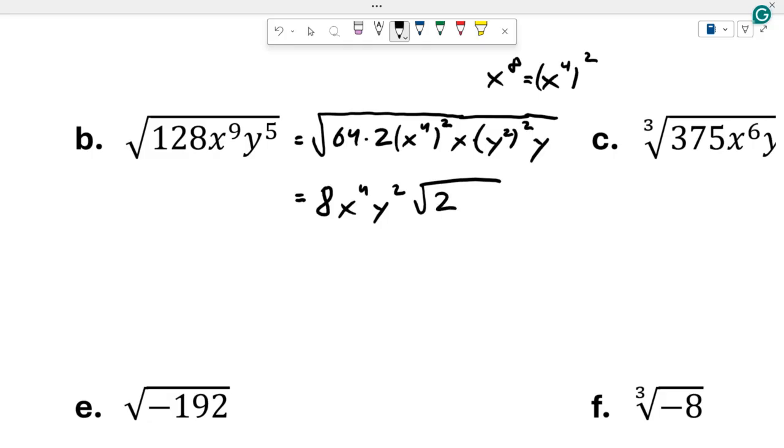So the 2 is still there, the single x is still there, and the single y is still there. And so my final answer here is 8x to the fourth y squared, square root of 2xy. And that is simplified. All right.